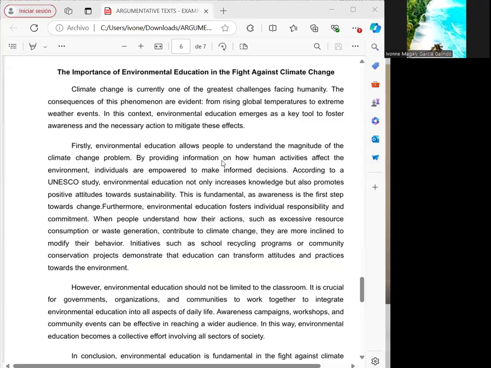According to the UNESCO study, this is fundamental as awareness is the first step towards change. So she's providing very good supporting ideas on why it is important to educate people about environmental changes.